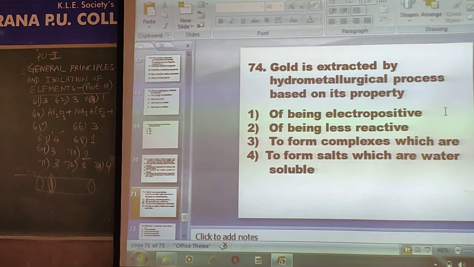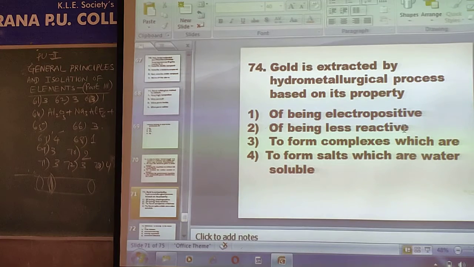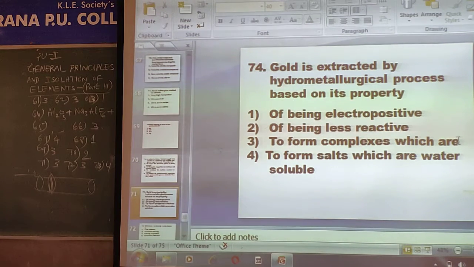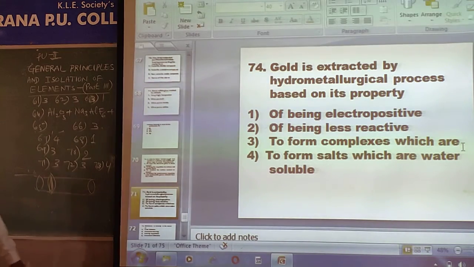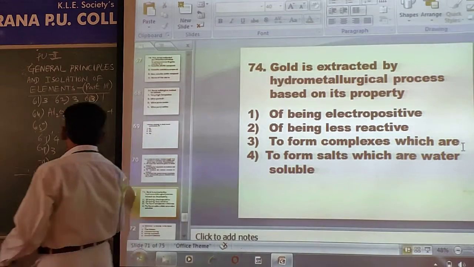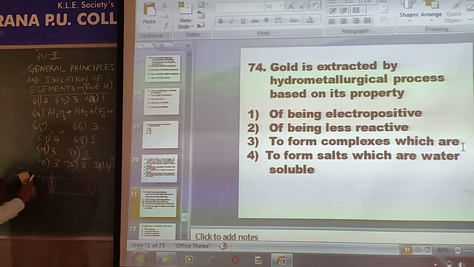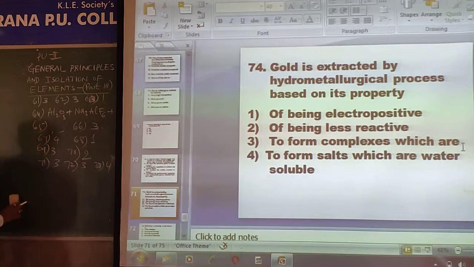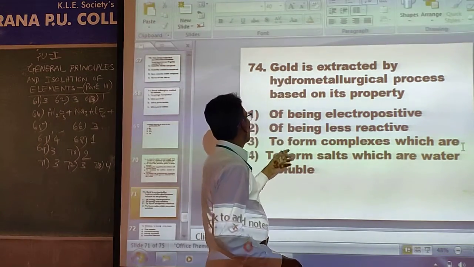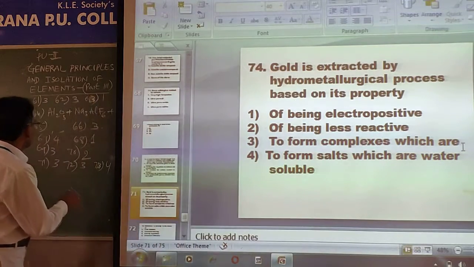Of being electropositive, of being less reactive, or to form complexes which are water soluble. Here also, to form complexes which are water soluble. I already recorded that, dicyanoaurate(I) and dicyanoargentate(I). These are the complexes in the case of gold and silver. So the third option is correct.